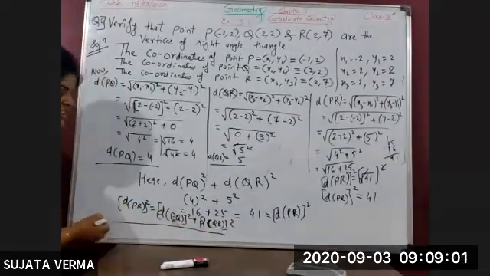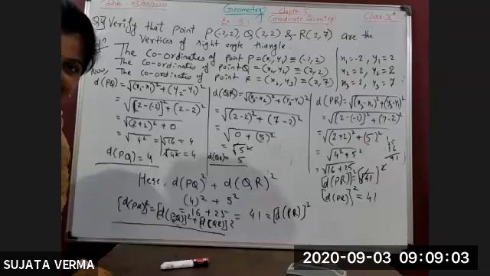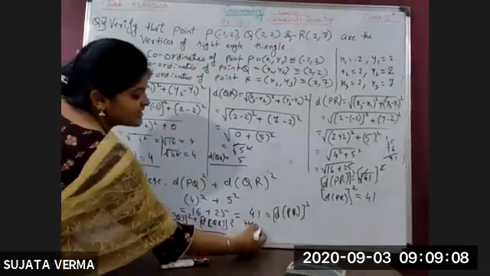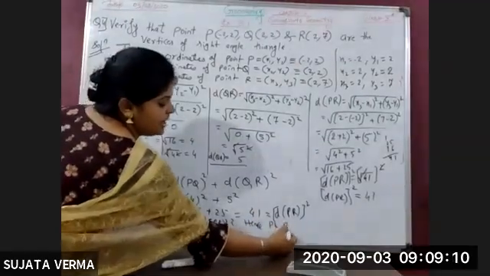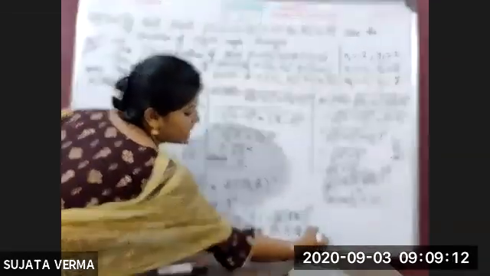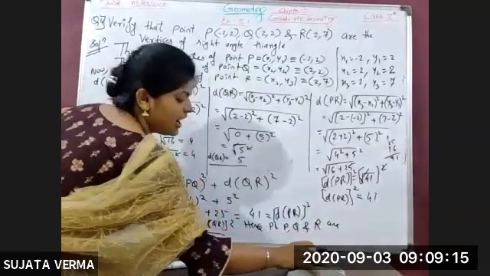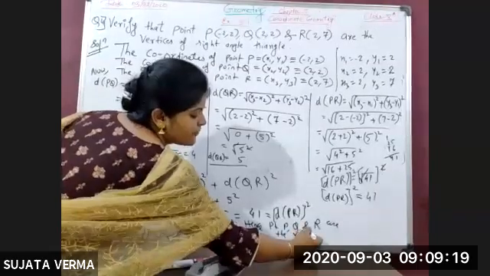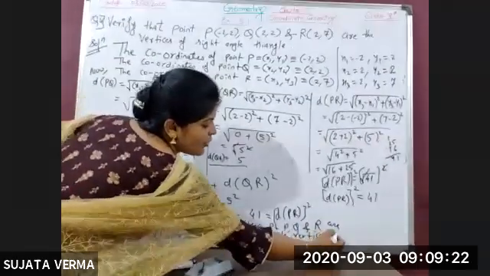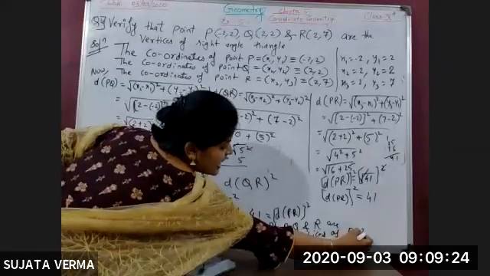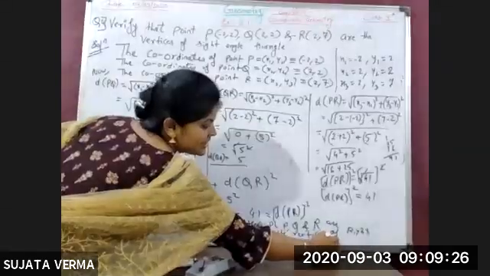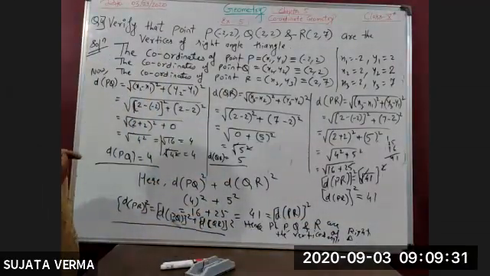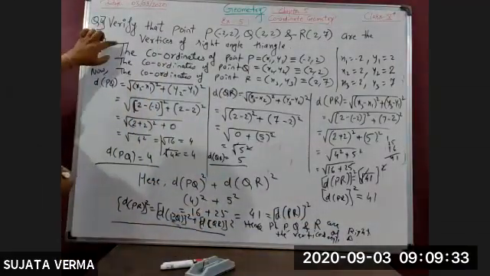If these conditions are satisfied, then we say that points P, Q and R are the vertices of a right angle triangle.